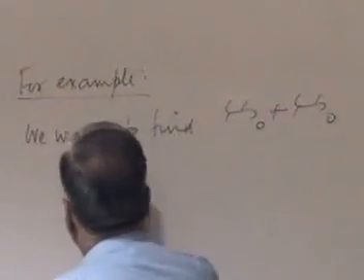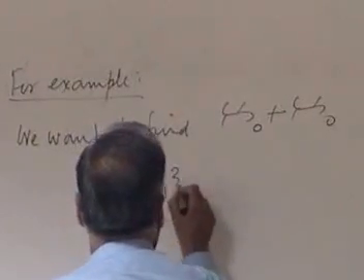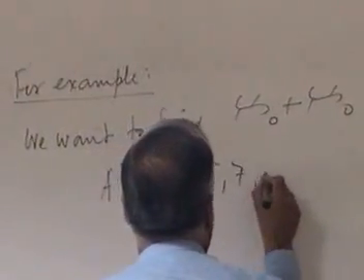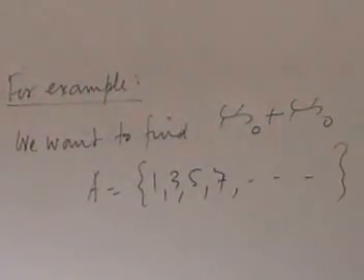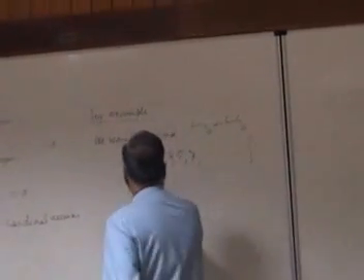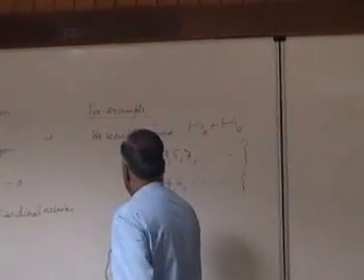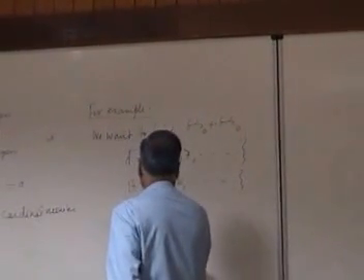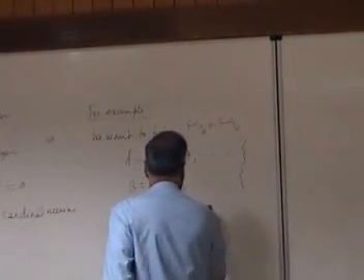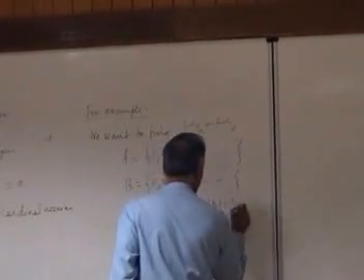Take A to be the odd numbers, cardinality Aleph naught. Take B to be the even numbers. Then A intersection B is empty, and the cardinalities of A and B are both Aleph naught.